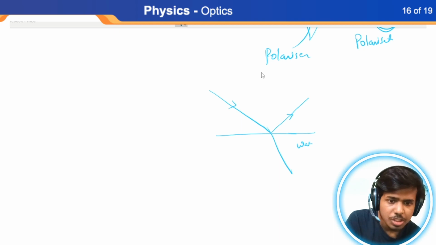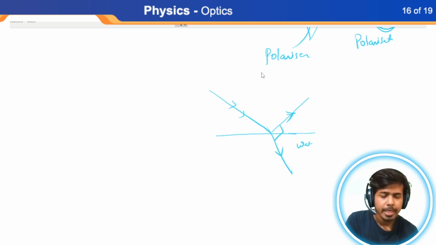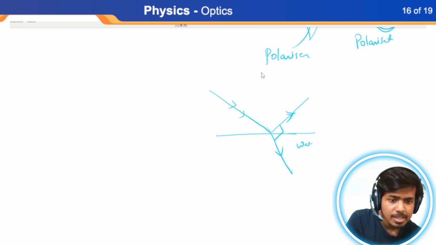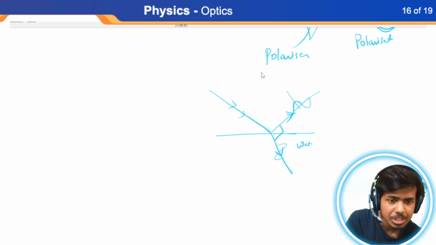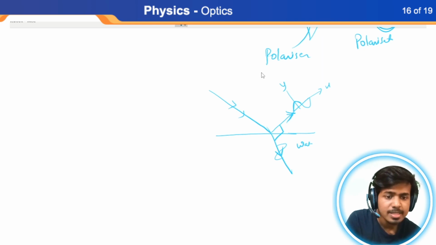At the angle where the reflected ray is perpendicular to the refracted ray, the light will lose all the components which are perpendicular. Let's say it is in the y direction, and this is the x direction, then all the components in the z direction of the intensity of the light will get lost in the form of refracted light.